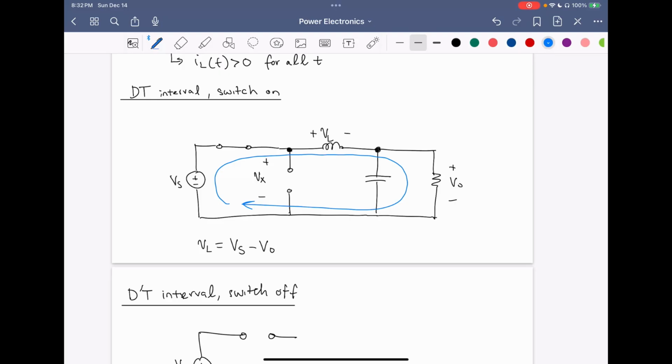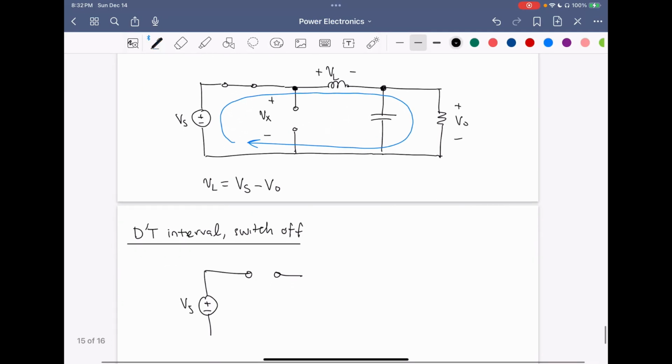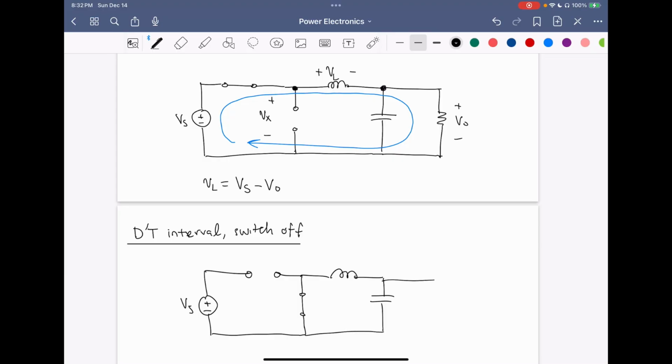So the current through the inductor is always continuous. Therefore, we need the diode to provide a path for the inductor current to flow. So in this case, the diode is going to short, providing that path that we need for the inductor. So in this case, we have VL and Vx. We can see that the inductor current is going to flow like this.